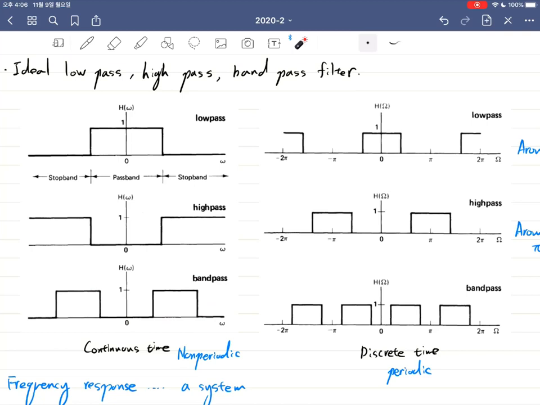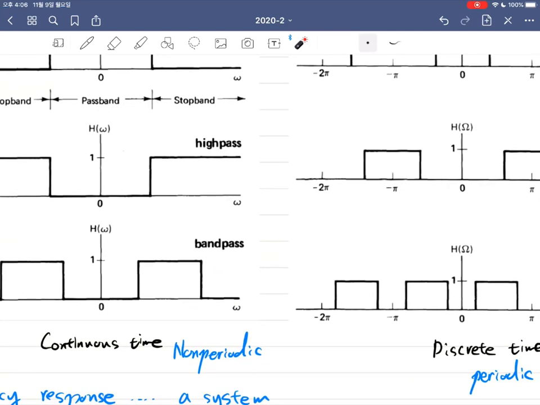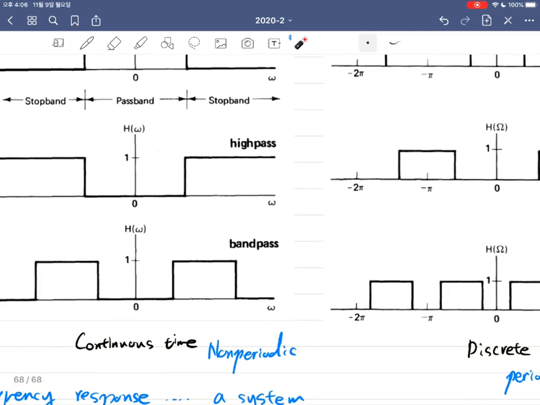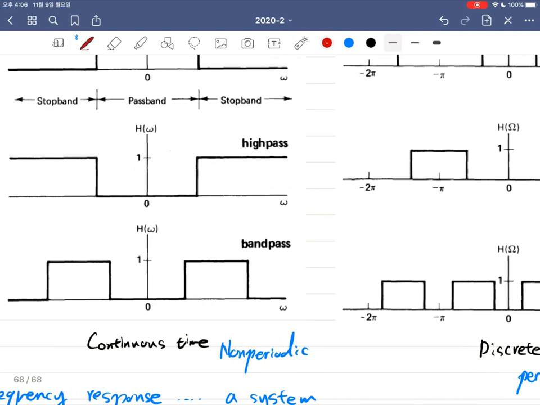And bandpass filter, as I omitted the description before, it's like passing a particular frequency range. So it's not the lowest part that you pass or the highest part that you pass. You are going to specify some range for you to pass through.